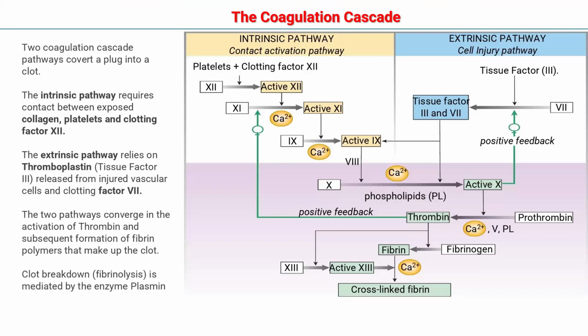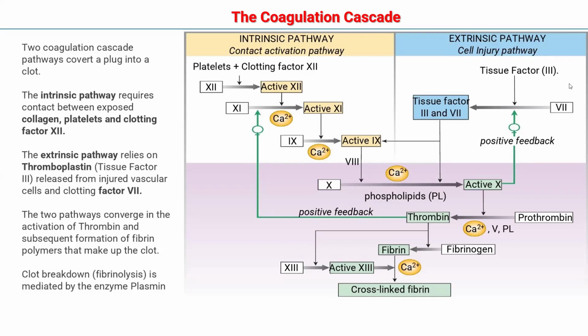This is the coagulation cascade. The coagulation cascade mainly has two arms or pathways. The intrinsic pathway has more factors: factor 12 leads to activation of factor 11, and factor 11 leads to factor 9, then factor 8, and so on. And this is factor 10, which is very important. Then the extrinsic pathway, which is different: factor 7, factor 5 and factor 2, and so on.